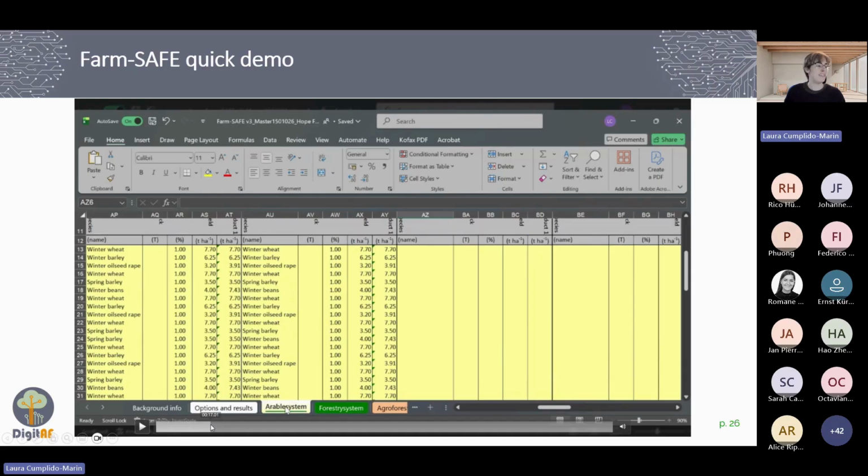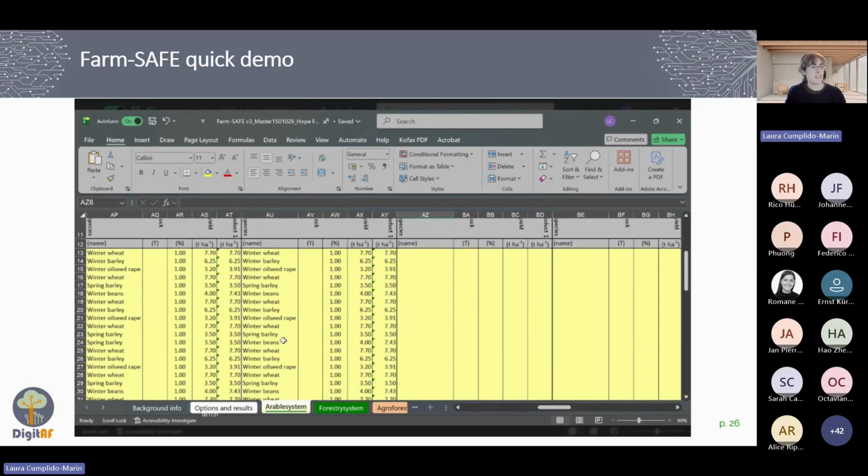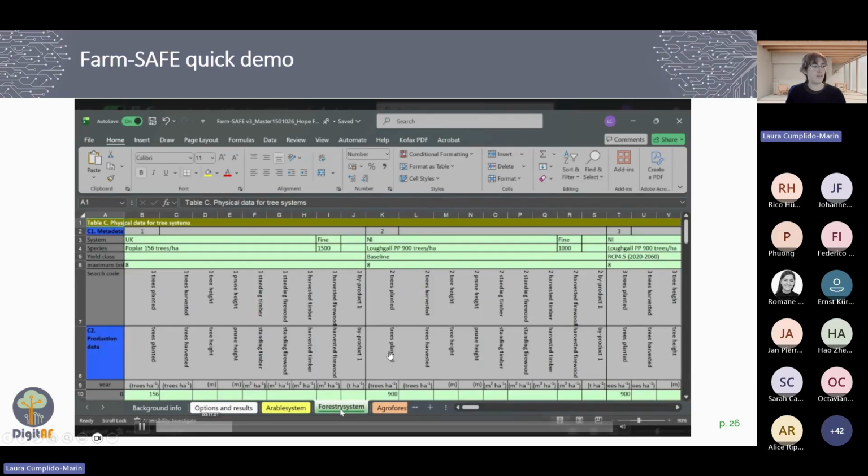So in your arable rotation, you complete the rotation for however many years you can. FarmSafe allows you to complete as many years as you want, up to 60, and is quite versatile in that sense. You enter your yields and you enter the byproduct of your yields.